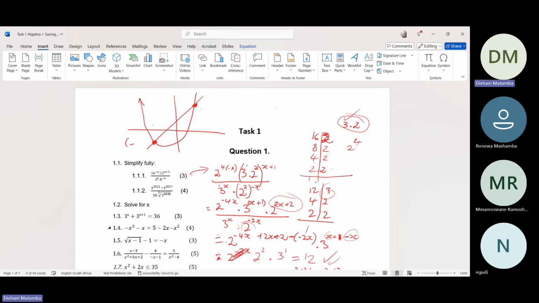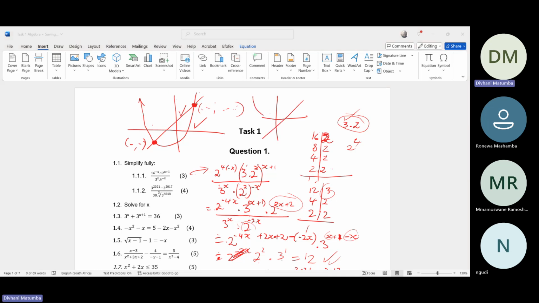One value was minus something, and the other one was positive. So this is the scenario that they are talking about. We have a straight line and a parabola. Where they intersect is what we were trying to solve. There's also a possibility that you might not find solutions.